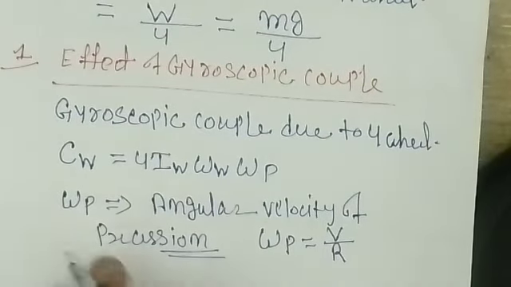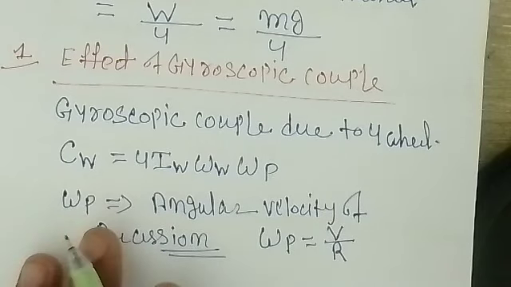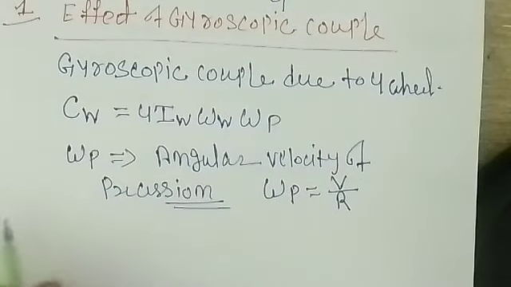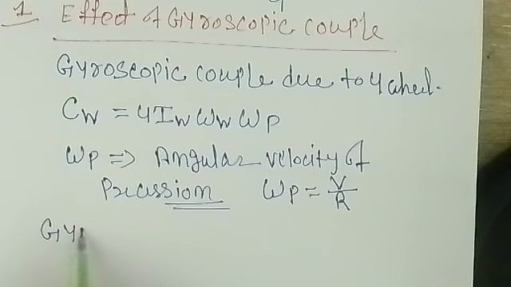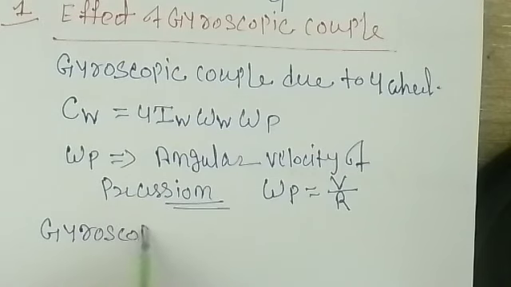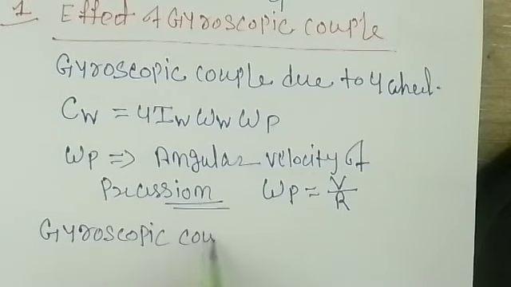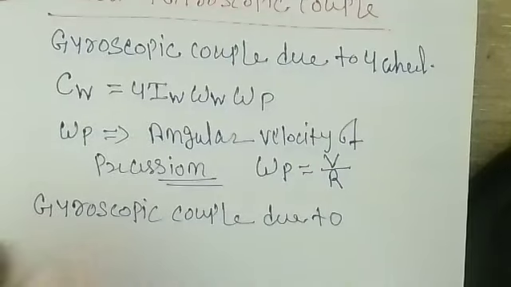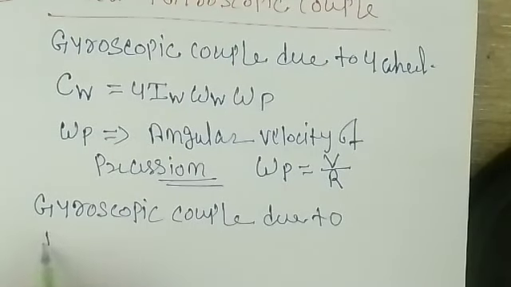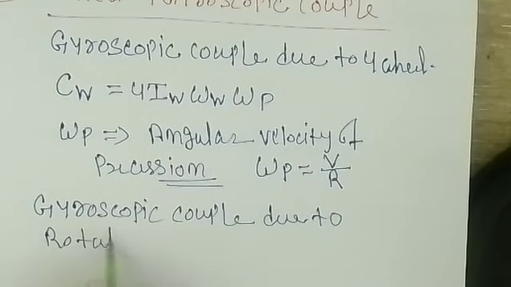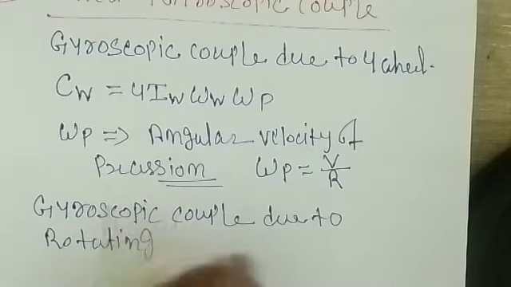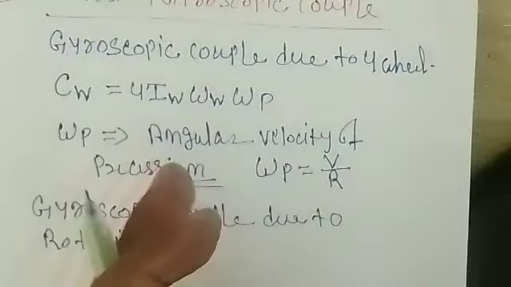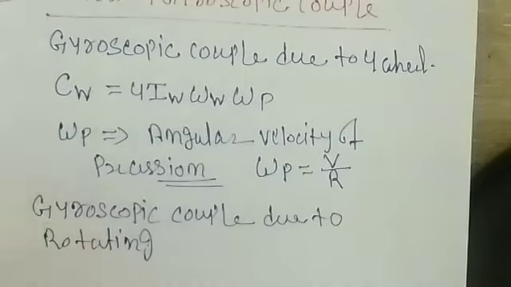Now we can find the gyroscopic couple due to the engine movement. Next, gyroscopic couple due to the engine or rotating part. Rotating part means sometimes they will say due to the gear rotation, camshaft, crank; these all give you the rotational motion.